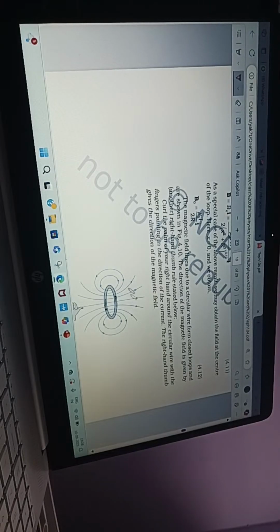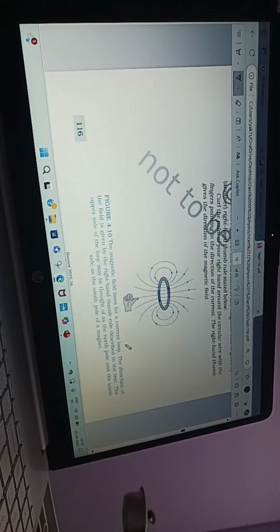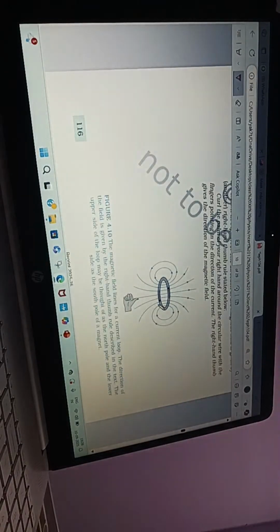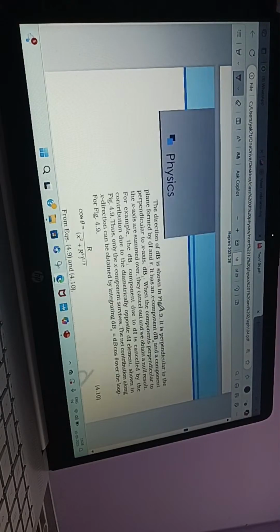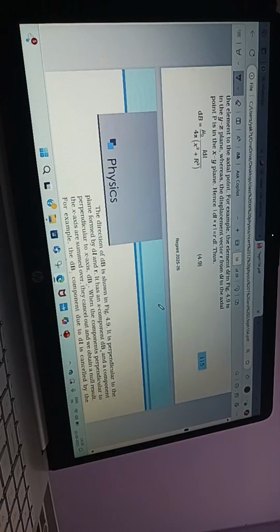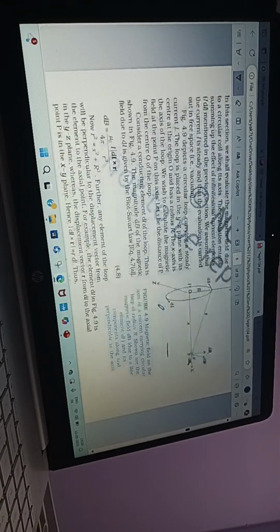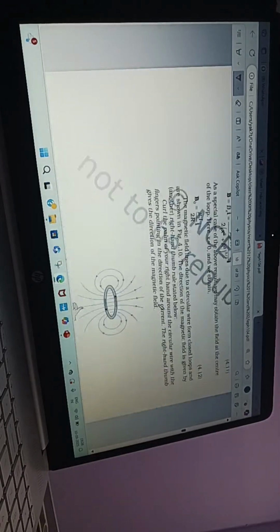This magnetic field also I taught you, the thumb rule we have seen. This question we have to do now. Let's start this question.